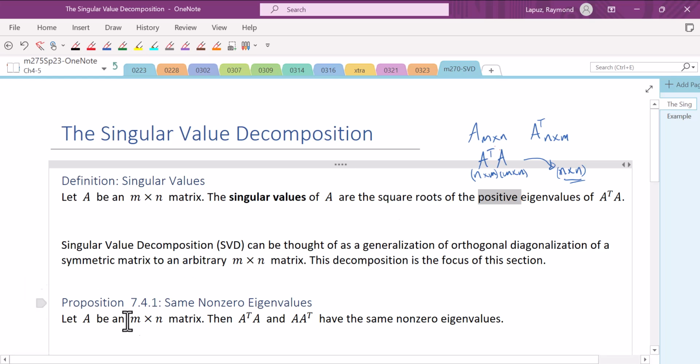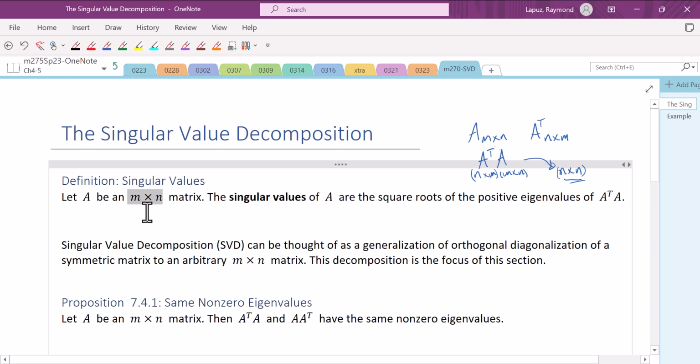All right. The idea behind a singular value decomposition, which from now on we'll call SVD, is going to be a way to write A as if you were trying to diagonalize it. Now, the idea of diagonalizing this doesn't quite make sense because, again, it's not necessarily a square matrix.